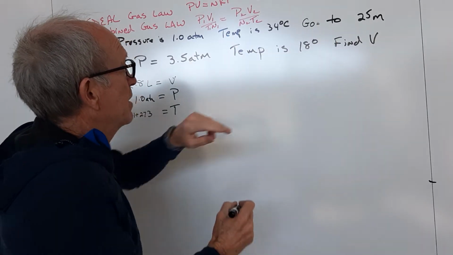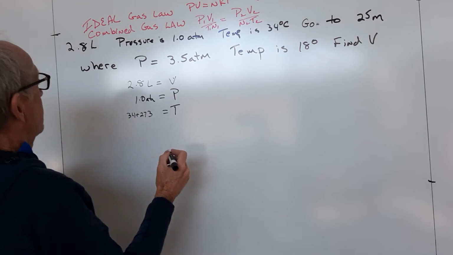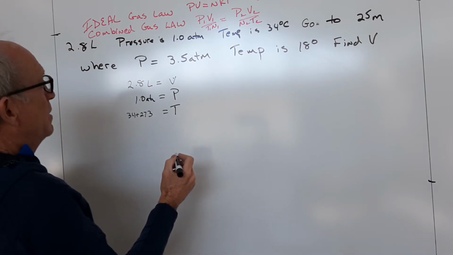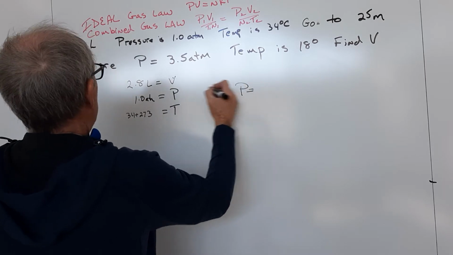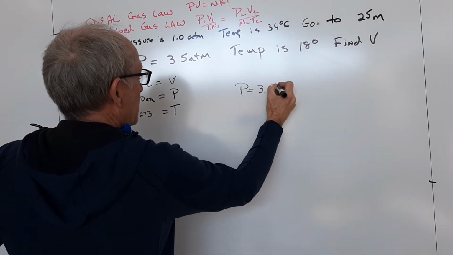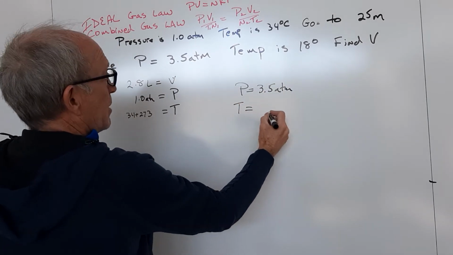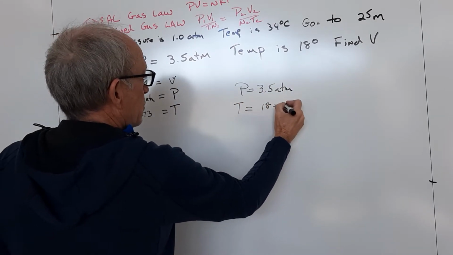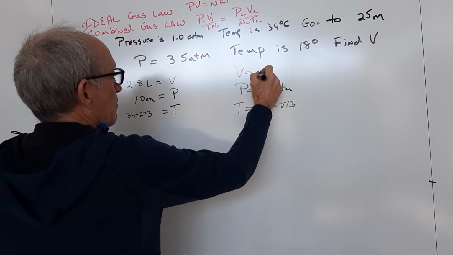Now it's changing, so I'm going to 25 meters, where my new pressure is now going to be 3.5 atmospheres, and my new temperature is going to be 18 plus 273, and they want me to find my new volume.